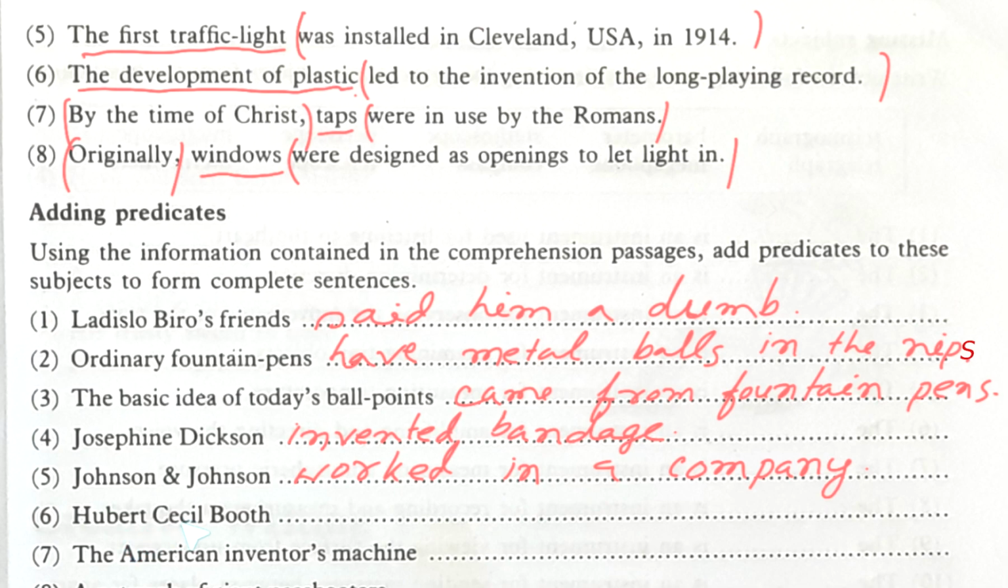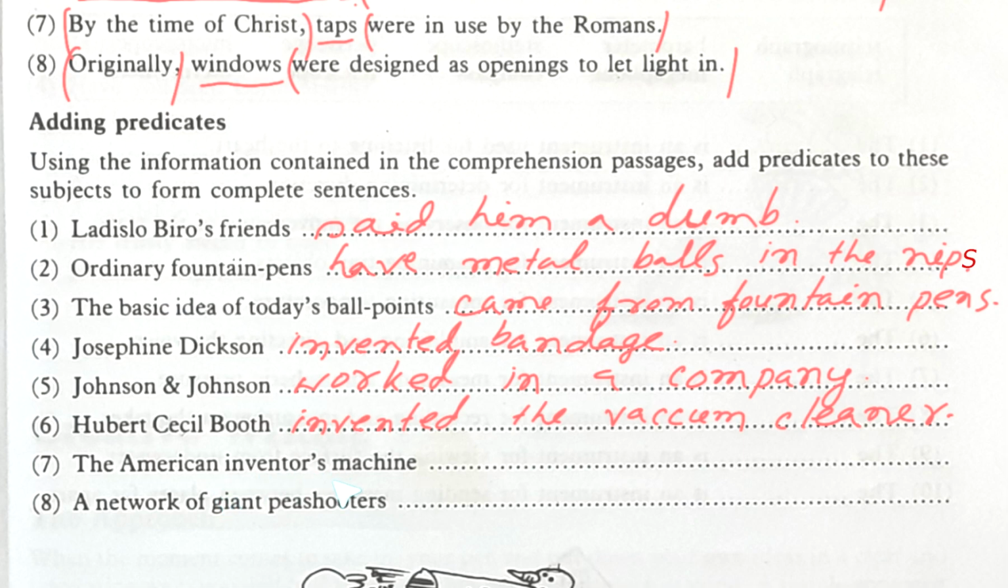Number 6: Herbert Cecil Booth invented the vacuum cleaner. Number 7: The American inventor's machine was best of all.